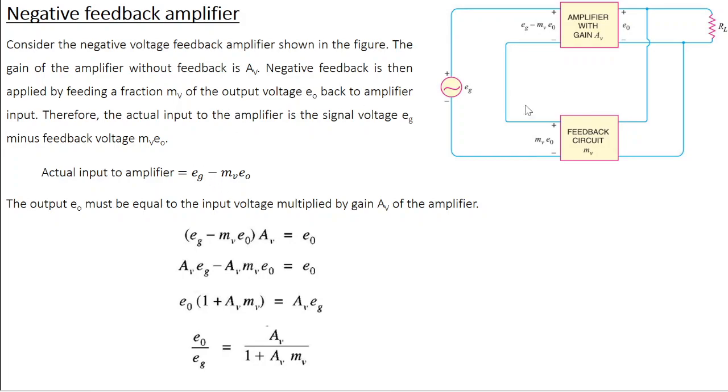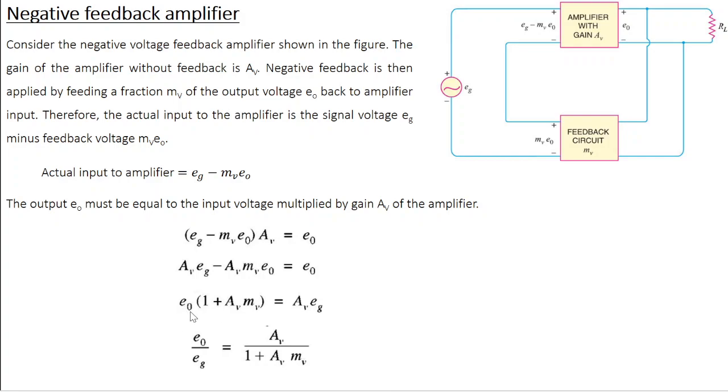And since this is an amplifier, the output E0 must be equal to the input voltage multiplied by gain AV, right? So I can write output E0 equal to (Eg minus mV E0) multiplied by gain AV. Now we expand the right hand side: AV Eg minus AV mV E0 equal to E0. Take this term to the left hand side. E0 is common.